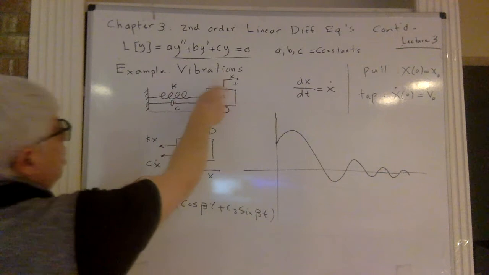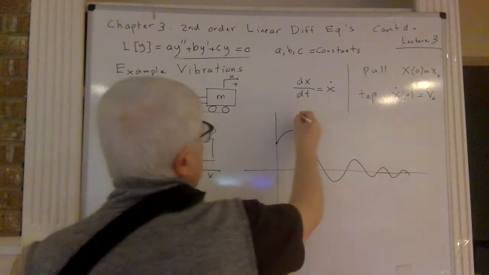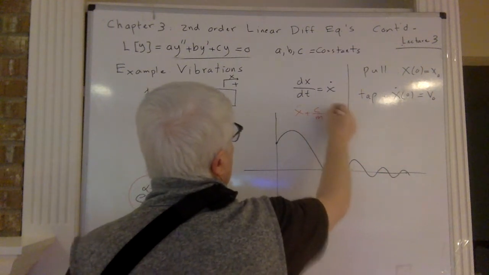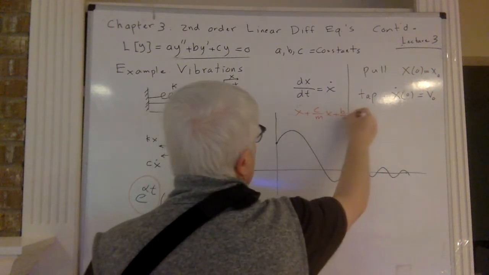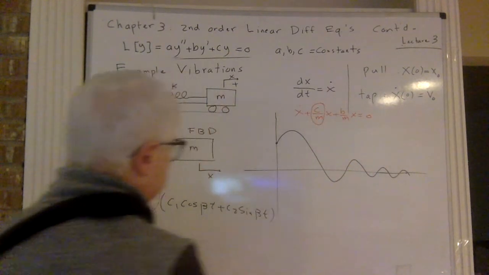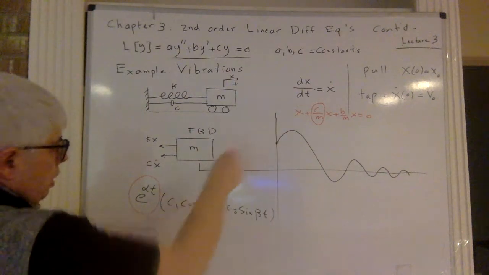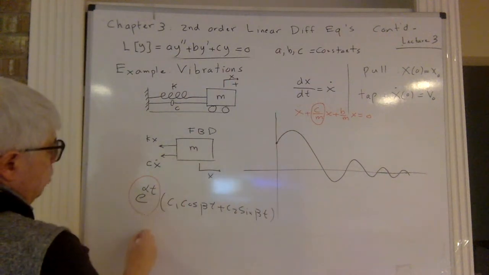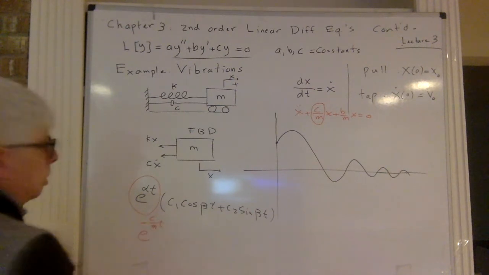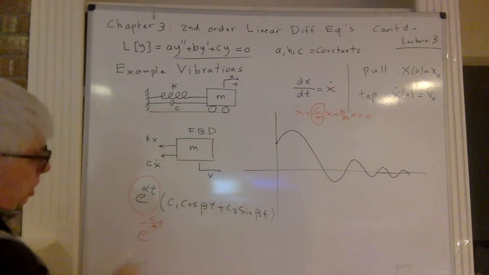It comes from this b, it comes from the middle. Let me write this down again: x double dot plus c over m x dot plus b over m x equals 0. So it comes from this guy here. And remember, this alpha here is minus. So for this vibration, I have e to power minus c over m t. So it's dampened because this kills this thing.